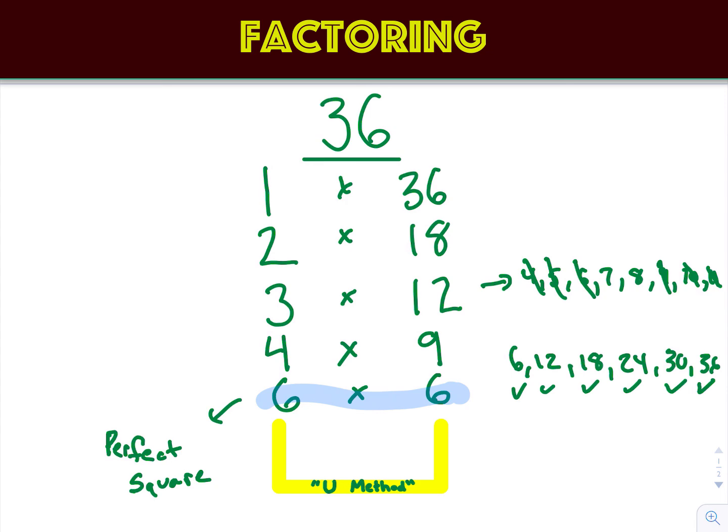I want you to stop and think through, do I need to check to see if 7 and 8 are factors of 36? Or is that not necessary, and why?